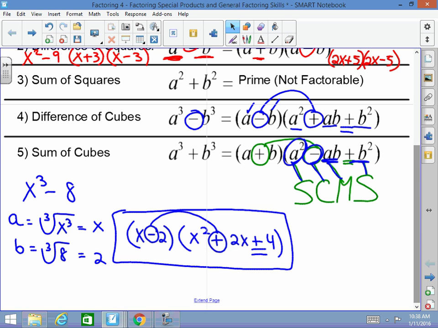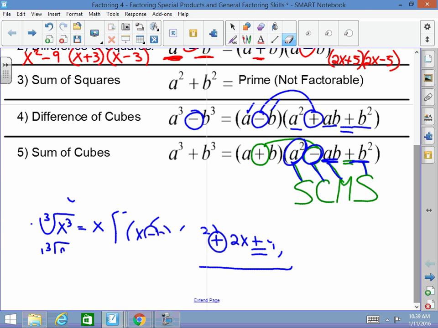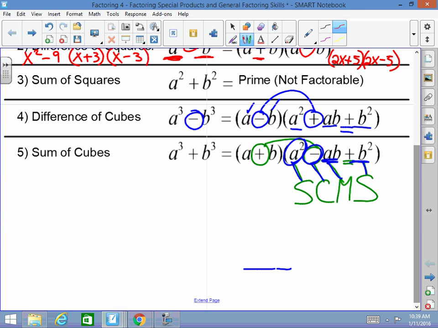I'll give you an example now with the sum of cubes. And then we'll practice. Let's do a little bit more of a difficult one. Let's say I give you 64x cubed minus 125y cubed.